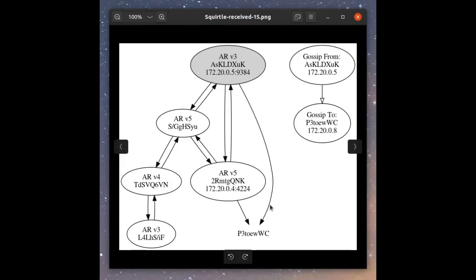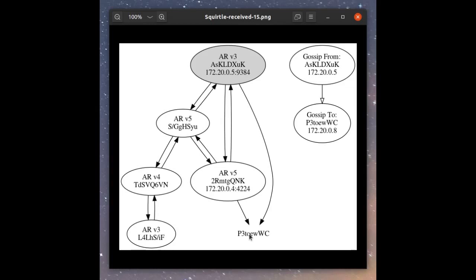This node has no circle around it because there's no specific record in the gossip for this node. The reason for that is, if you're gossiping your database to me, your database must include a record for me, because you have to know about me to gossip to me.